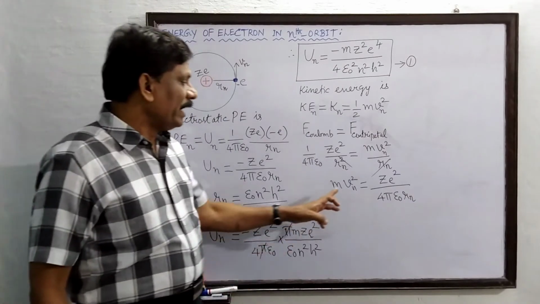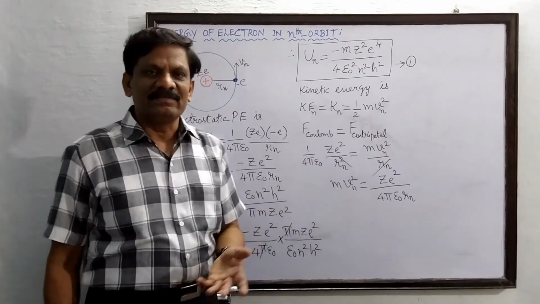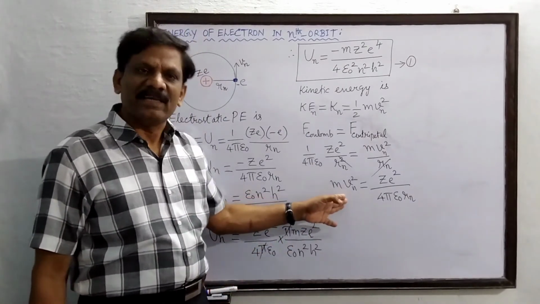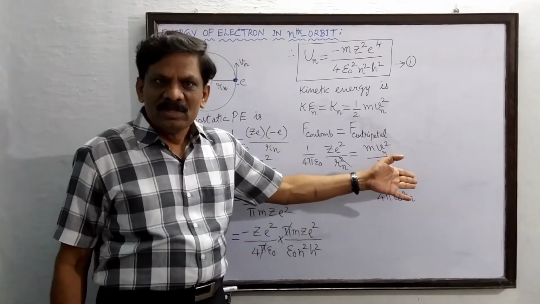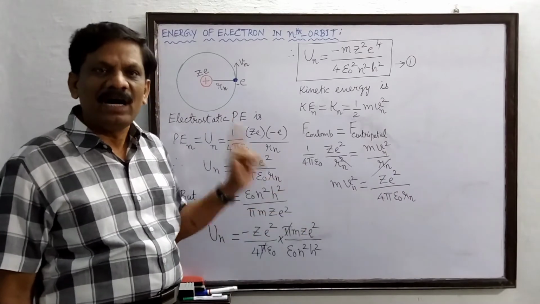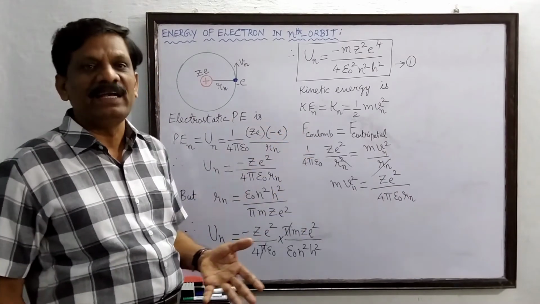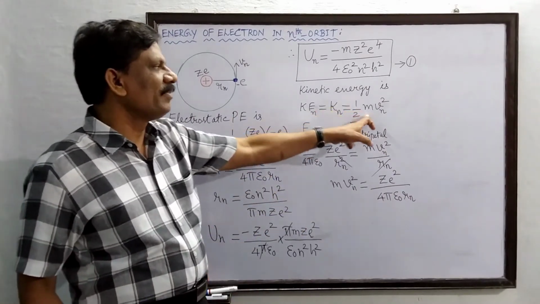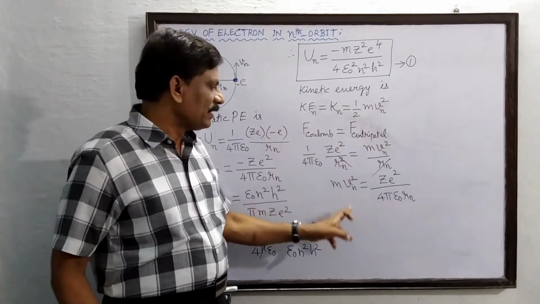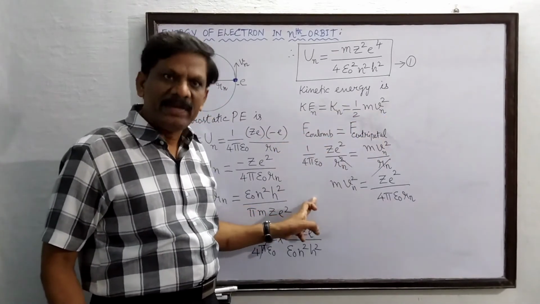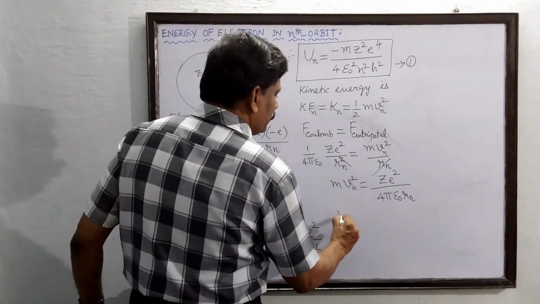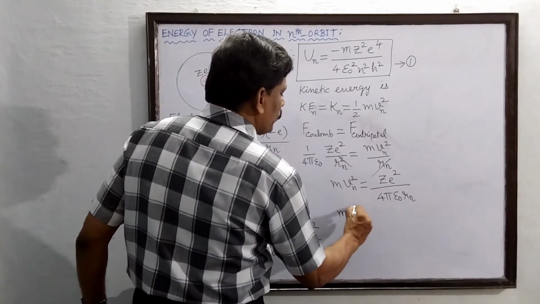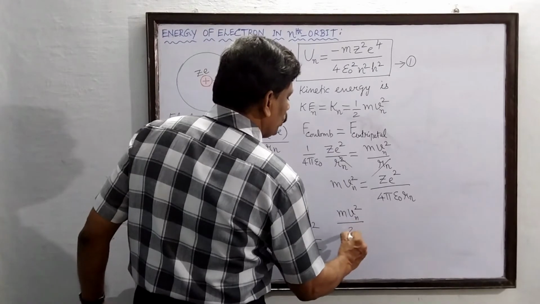Now I need only half m v square. Here m v square is available. So I will divide on both sides by 2, so that the left hand side will become half m v square. This is the idea. So I can get an expression for half m vn square. For this m vn square I have to multiply by 1 by 2 or divide it by 2.